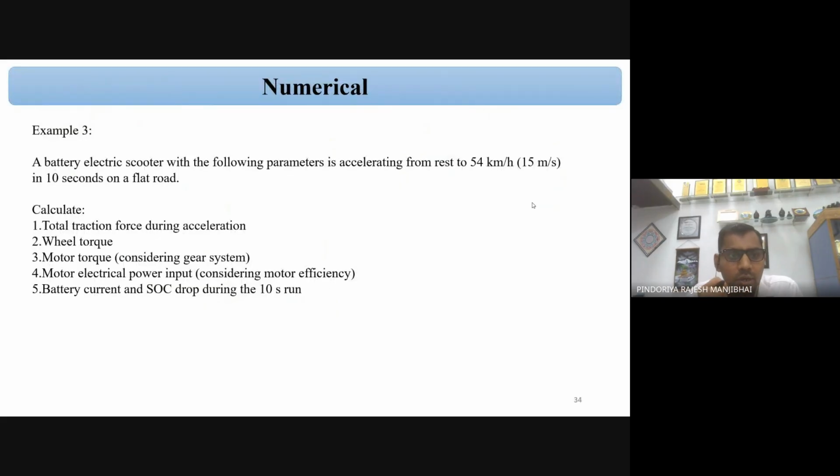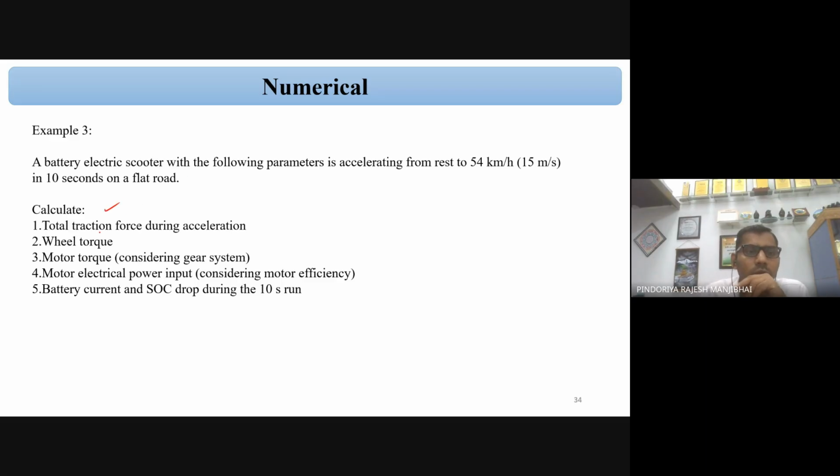Now the third example, maybe you can do in the assignment. A battery electric scooter with the following parameters is accelerating from rest to 54 kilometer per hour, otherwise 15 meter per second, in 10 seconds on a flat road, correct?